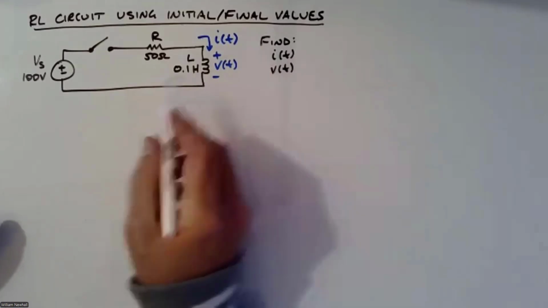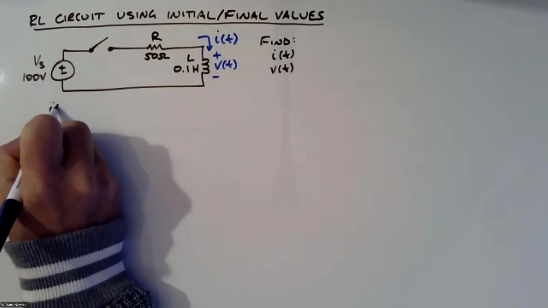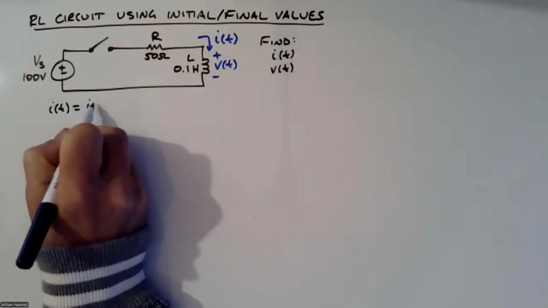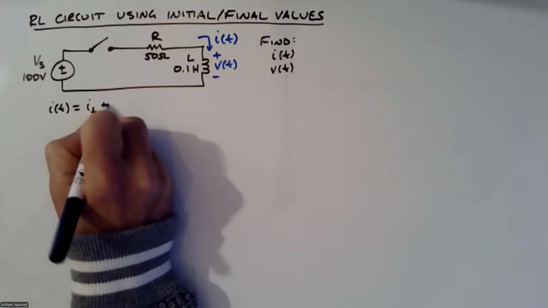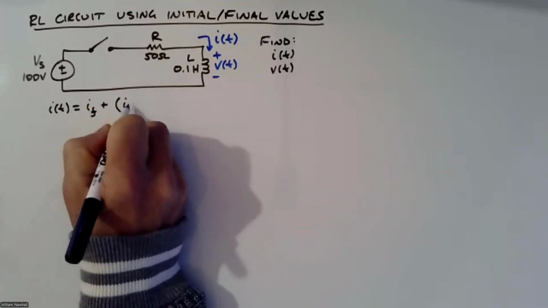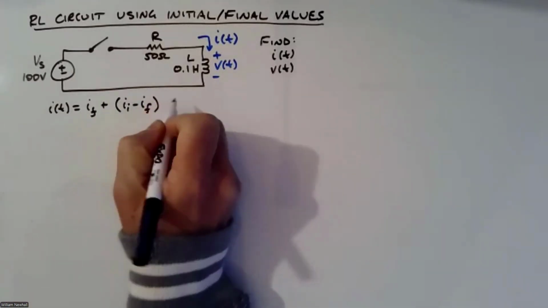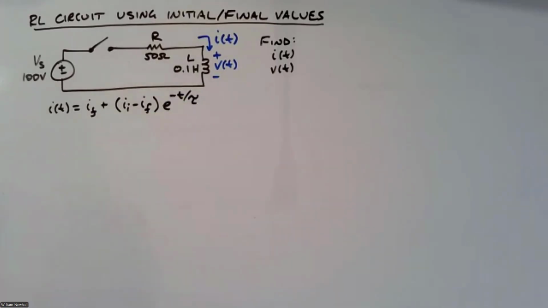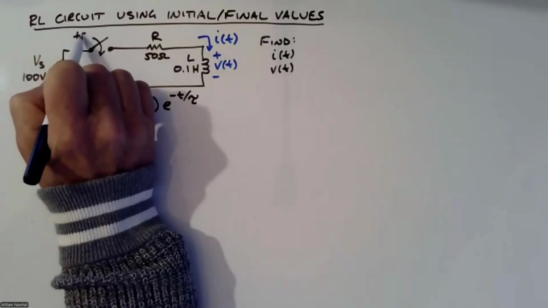Okay, so we're going to use this initial and final value approach. So what that means is, let's find current first. I of t is going to equal the form that I showed on the slide: I sub f plus I_i minus I_f times e to the minus t over tau, for t greater than or equal to 0, because I'm going to cause this switch to close at t equals 0.